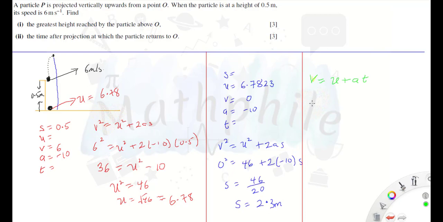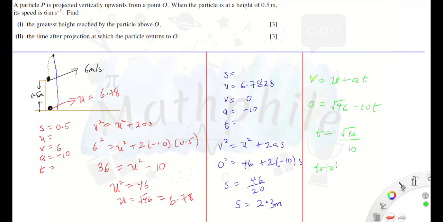So v is 0, u is square root of 46, a is negative 10, and t is t. So t is equal to square root of 46 divided by 10. Then the total time is 2 times this.